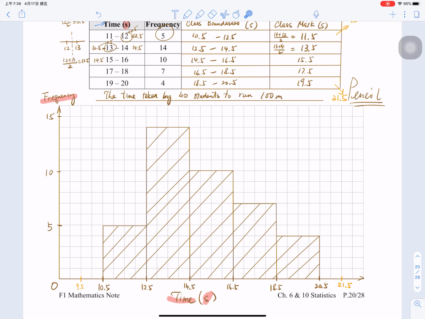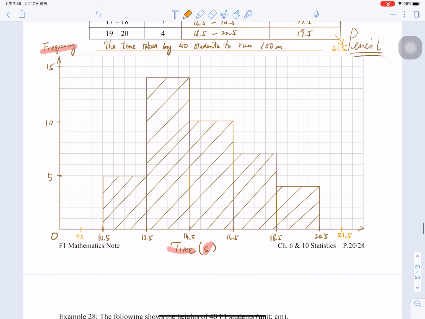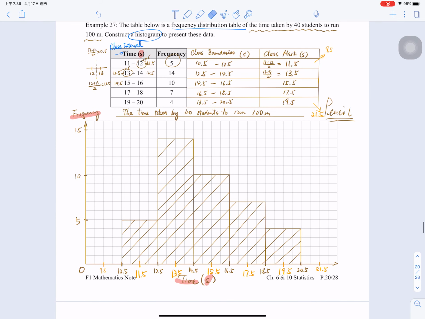So here, if you use a class mark, for example this one is 11.5, 13.5, 15.5, 17.5, and 19.5. You can use this one. Okay, then I cross out this. You can have a look.